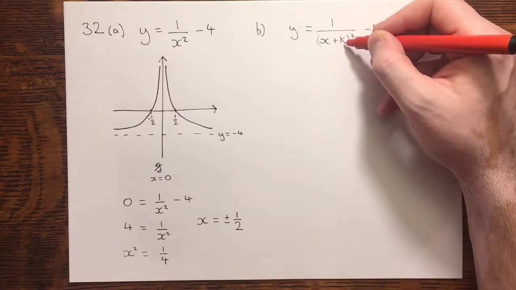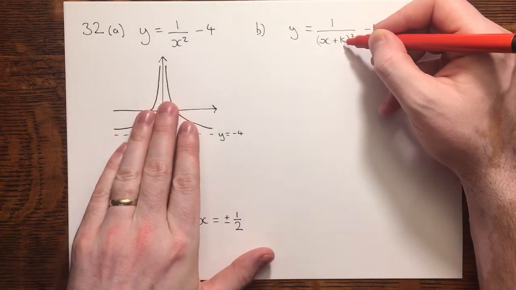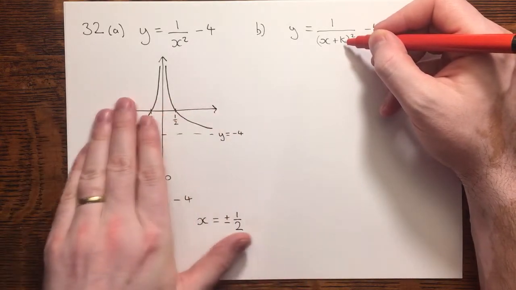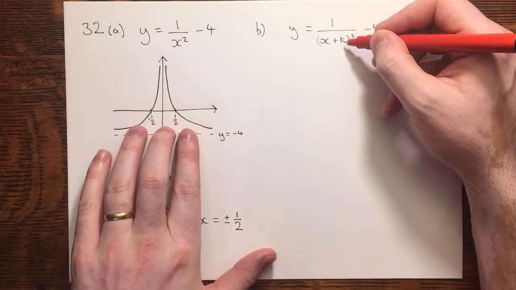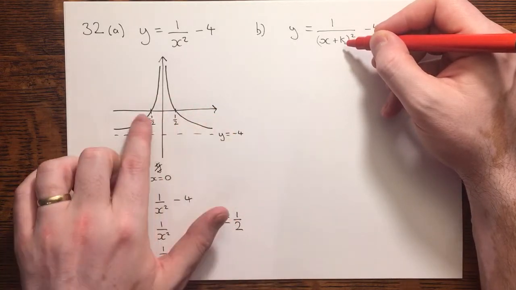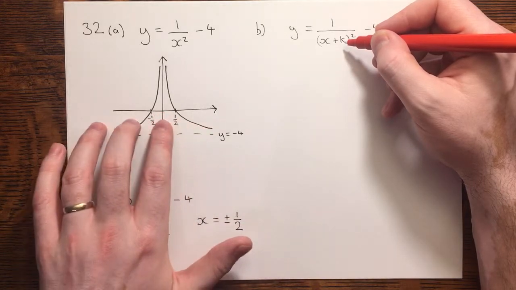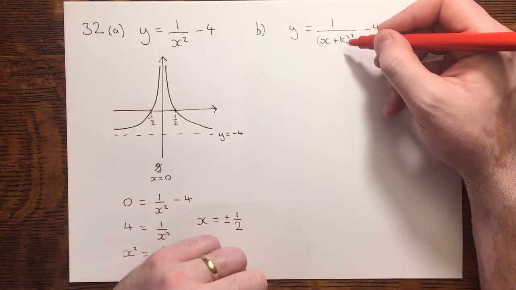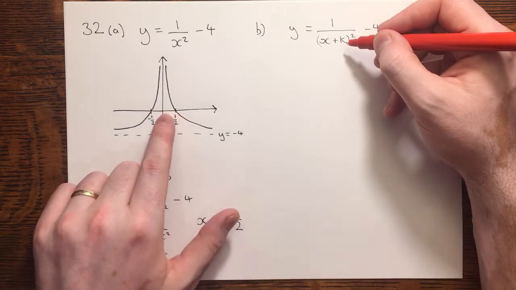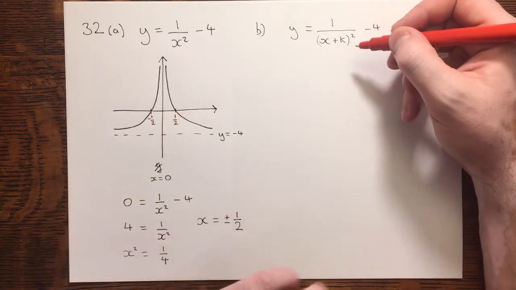So what that means is it will affect the curve by transforming it with a horizontal translation. If I slide it to the right, that point would move to the origin. If I slide it to the left, this point would move on to the origin. I would need to slide it by half a unit in either direction.